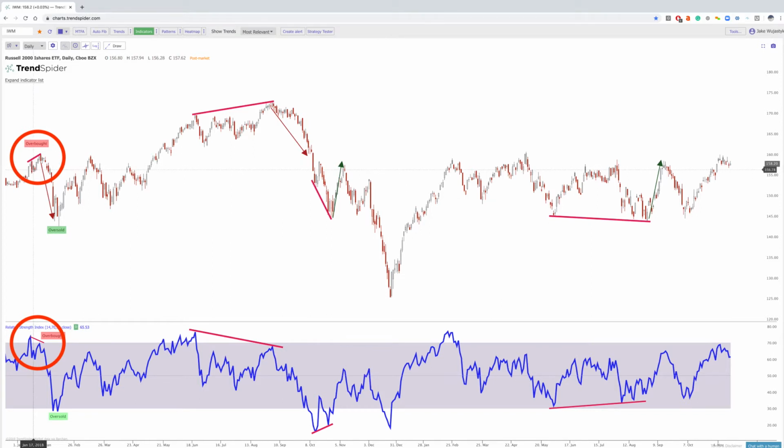You can then see the price actually breaks to a new high, but the RSI barely breaks above 70. You can see that this is actually a downward sloping line shown by this pink line, and this is an upward sloping line, which is called negative divergence, where you're having a higher high on price and a lower high on the RSI or any other oscillator you're looking at.